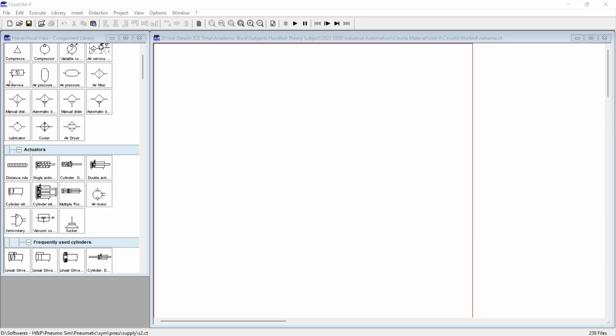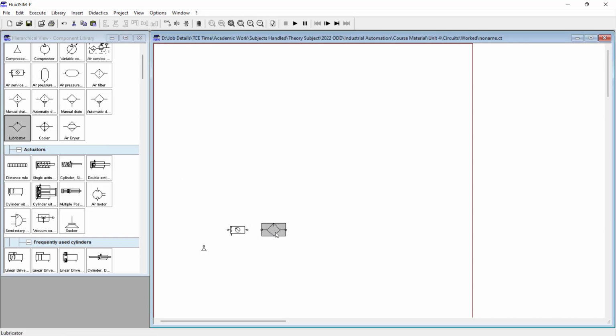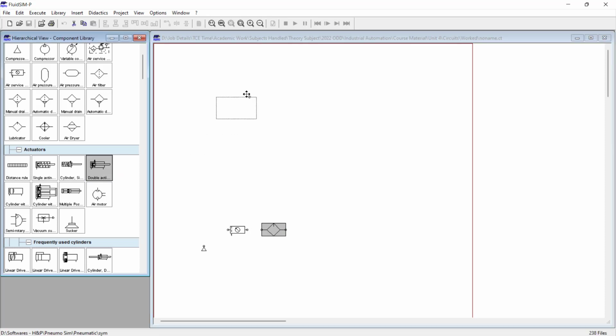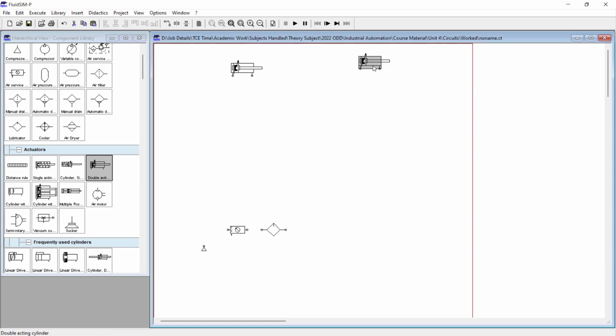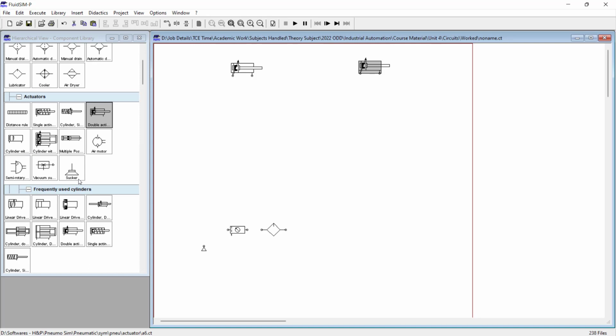As usual, first you need to take the power source: compressor, air service unit, that is the filter, regulator and lubricator unit. Then we require two double acting cylinders.